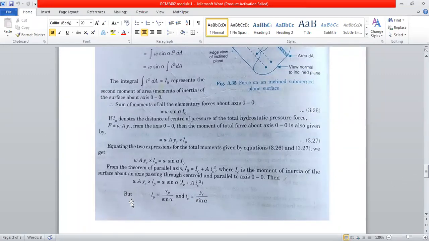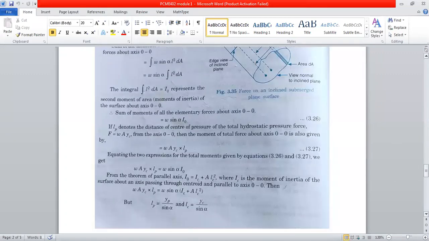But LP equals YP by sin alpha and LC equals YC by sin alpha, from the geometry. Do you understand this?